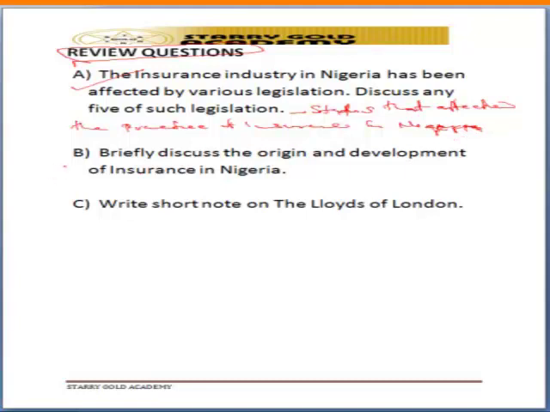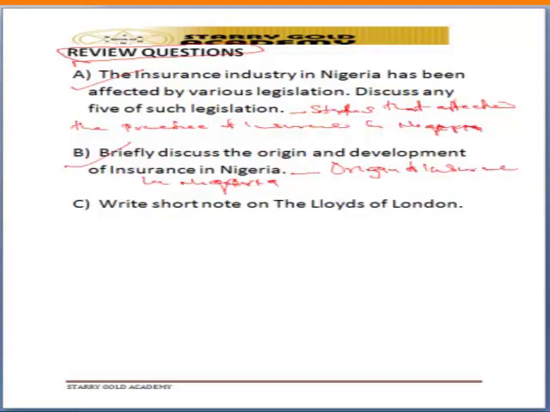The second question is: briefly discuss the origin and development of insurance in Nigeria. Here you can get your answer from the origin of insurance in Nigeria. Just go to that section.